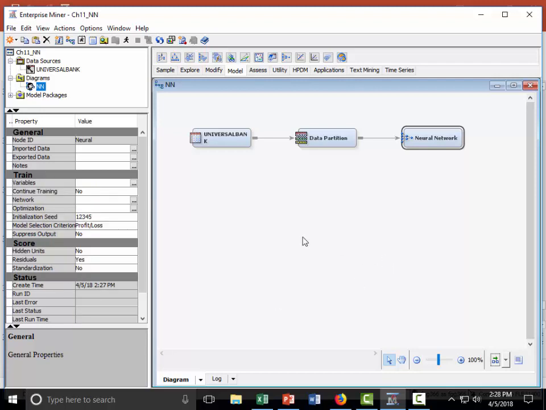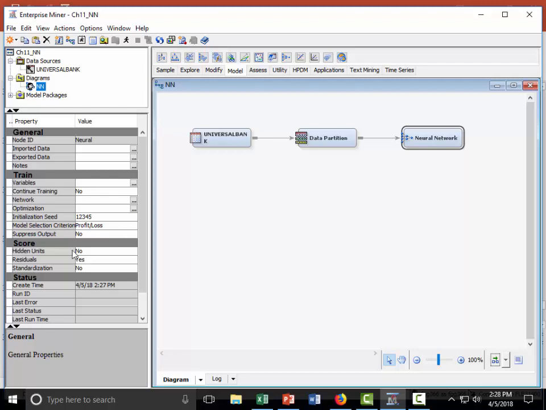The rest of them we can just accept the default. Okay. Model selection criteria set to profit and loss. But for that to be used, we should have set the decision weights when we did the data. Okay, the profit and loss. Yeah. We didn't do that.